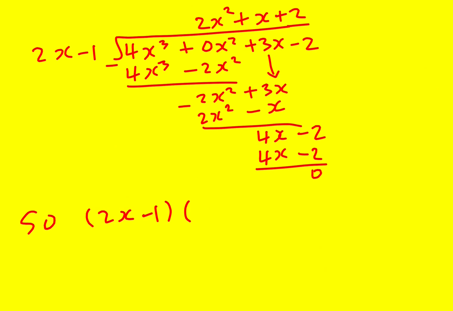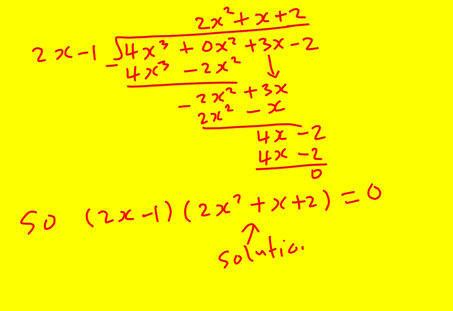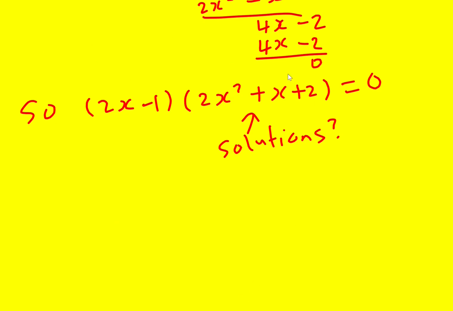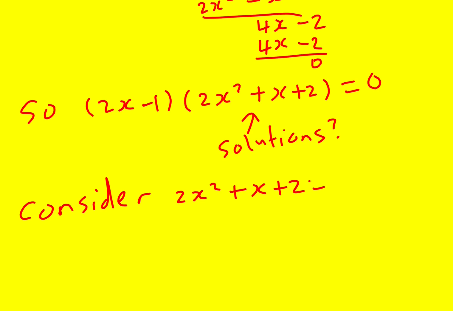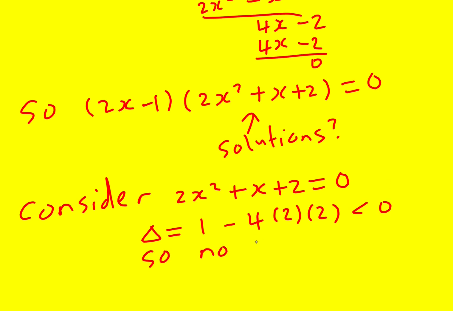Okay, write that as a single or two brackets together. Now we're not expecting to get any solutions from this, so let's consider it and show that there are no solutions. We can look at the discriminant, which is b squared, which is just 1, minus 4ac. And this is less than 0, so no real solutions.